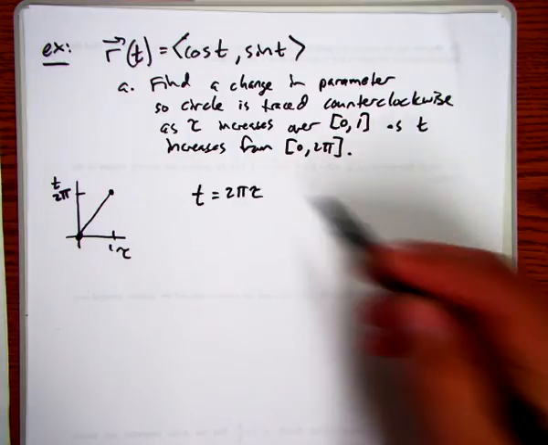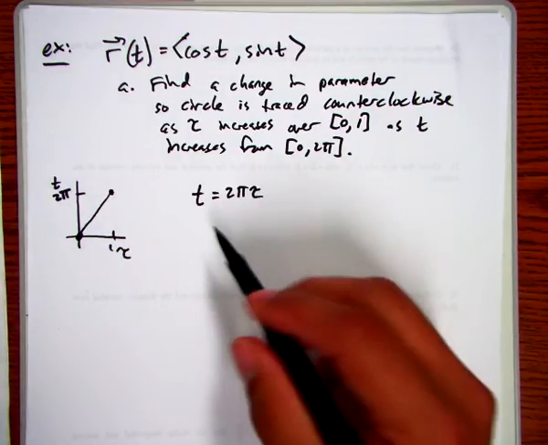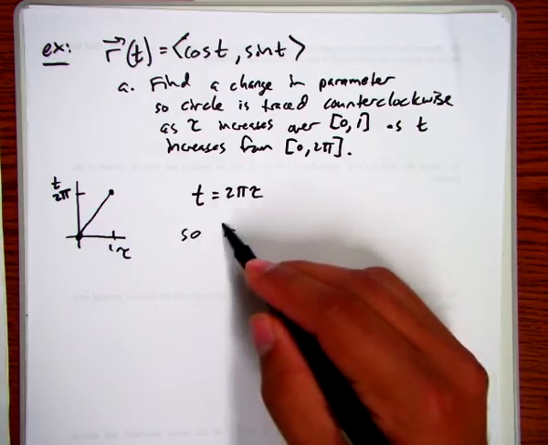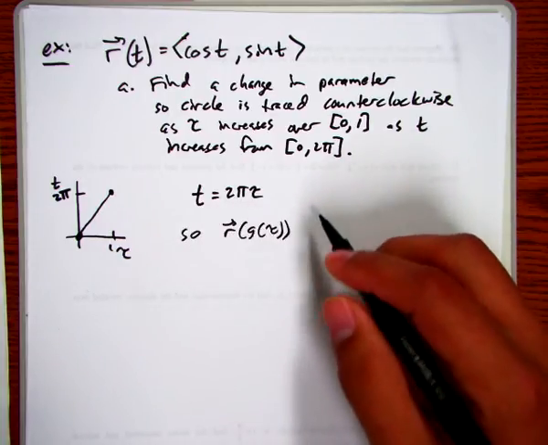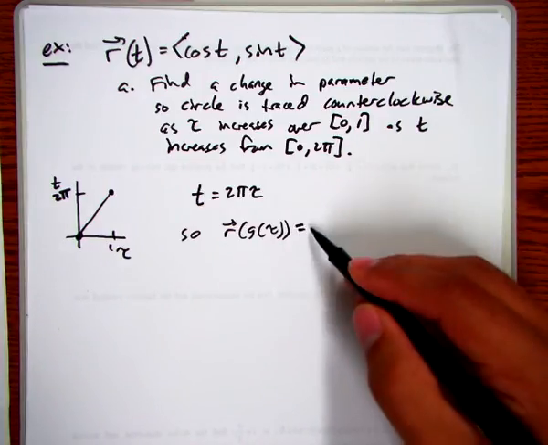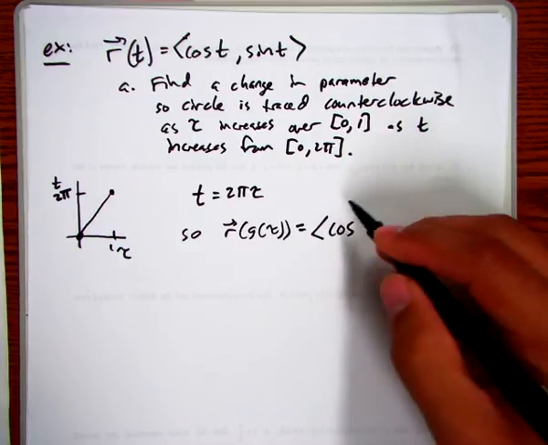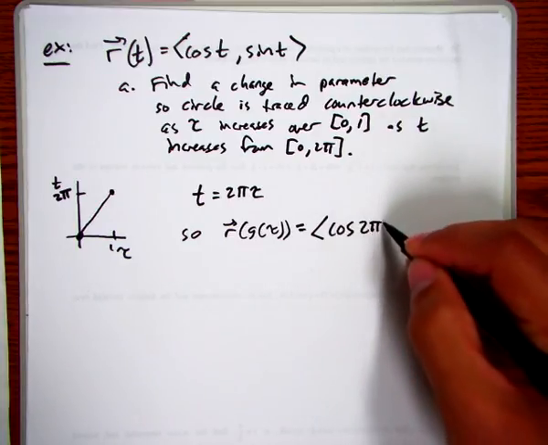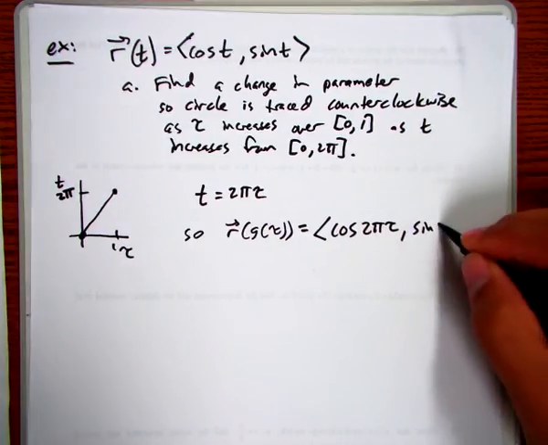It's just a linear relationship. Okay, so then r of g of tau would be our new equation, and that would just be cosine of, instead of t, 2 pi tau, and sine of 2 pi tau.